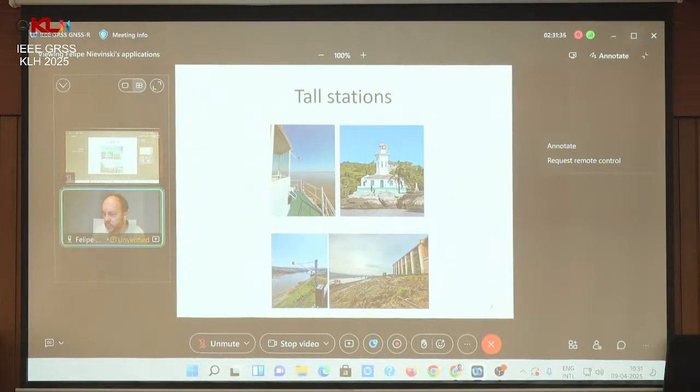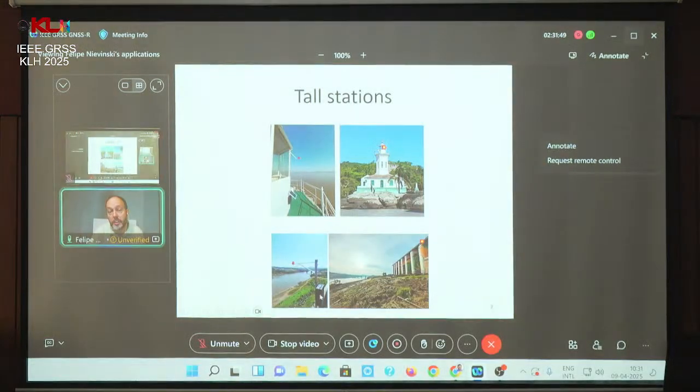So these are some of the stations, all stations that we have set up recently on top of a lighthouse and on top of a silo. This region is in my home state.